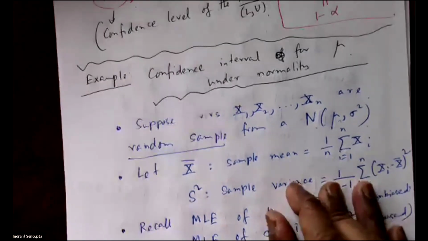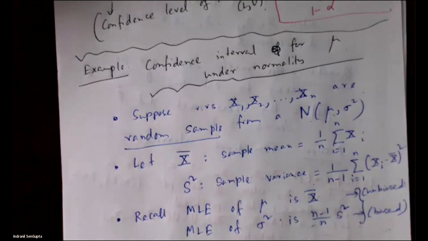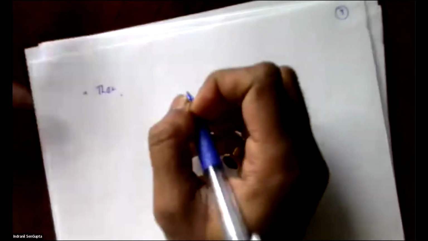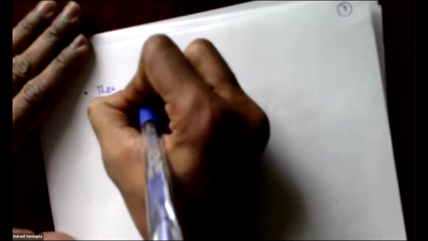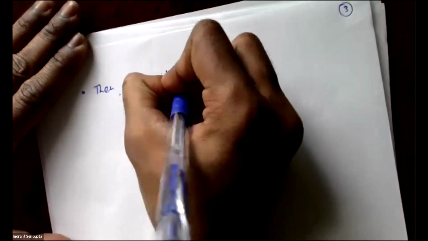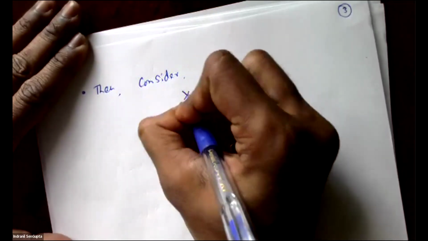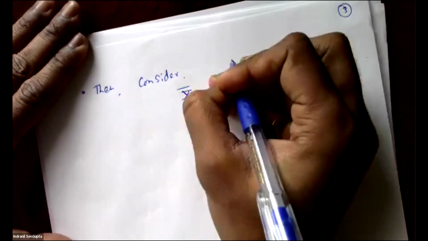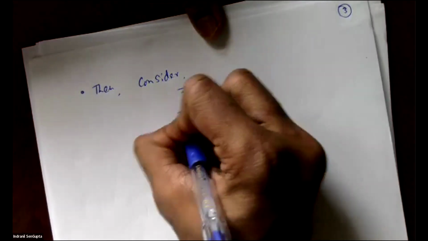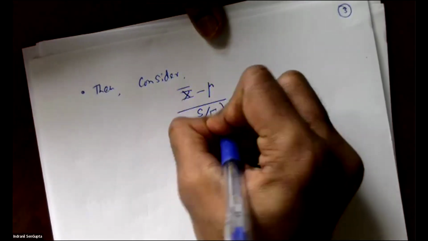Okay. Now let's consider a distribution. With this setup, consider x bar minus mu over s over square root of n.